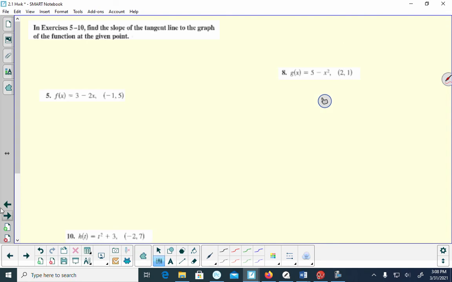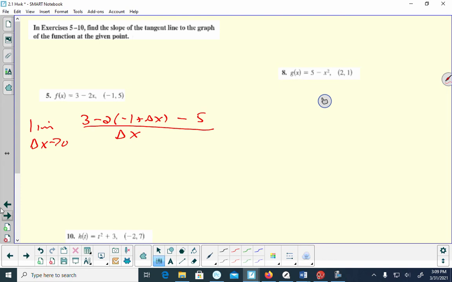Okay, the next one, find the slope of the tangent line to the graph of the function at the given points. So what they want you to do is use that slope formula. I'm going to take the limit as delta x approaches 0 of 3 minus 2, and in place of x, I'm going to write c plus delta x, so negative 1 plus delta x, minus f of c, which is 5, and this is all over delta x.